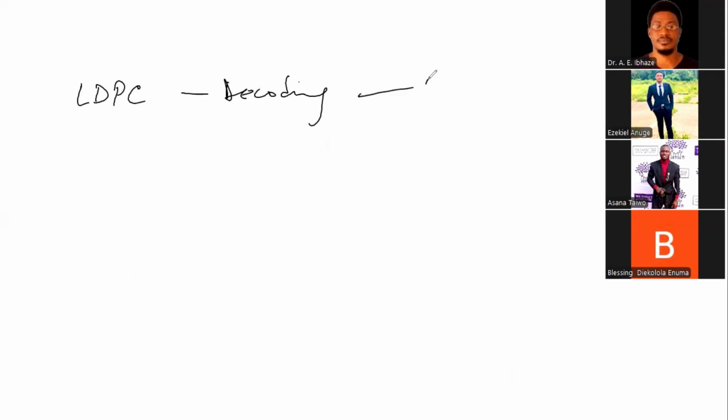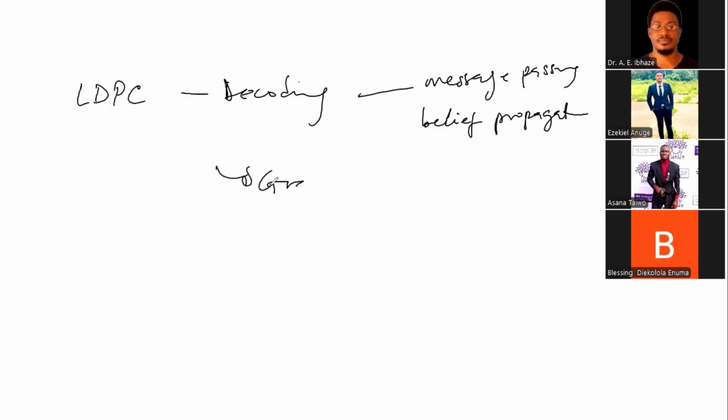So I call it message passing or belief propagation. And then we perform what we call graph representation. Call this the Tanner graph.